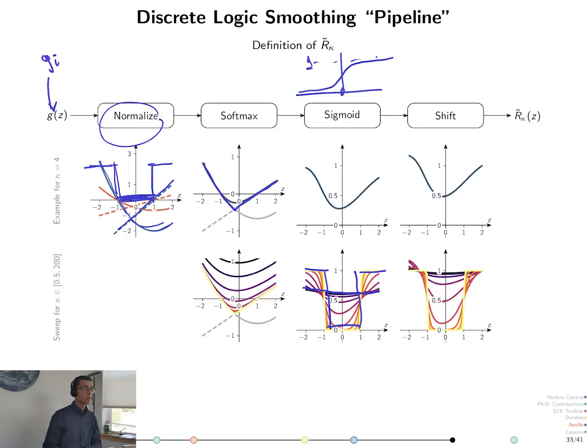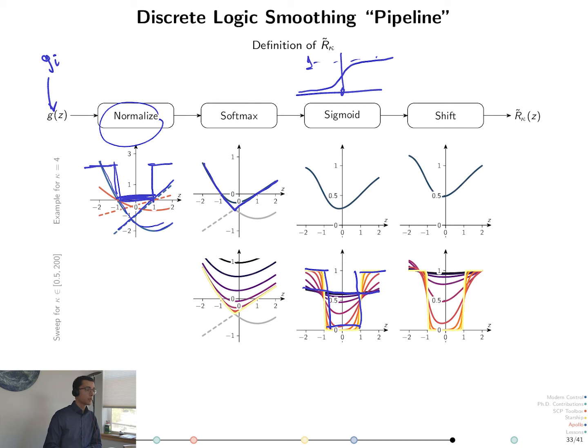Here I will show now how this R tilde is computed. We call this a pipeline for smoothing discrete logic. We begin on the left-hand side with the predicates, which are the GIs, so G1, G2. I illustrate here a simple scenario of one GI being this parabola and the other GI being this linear function.